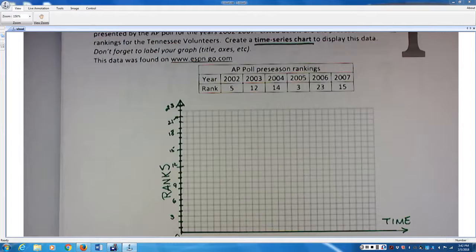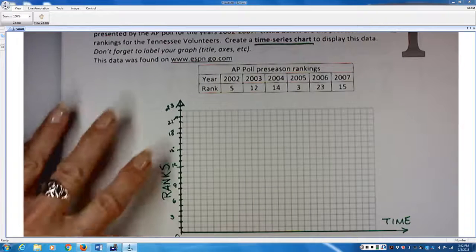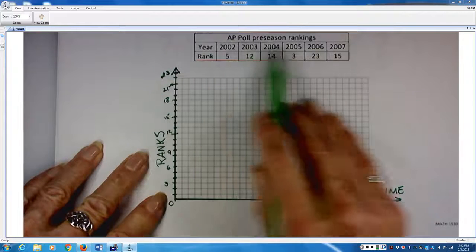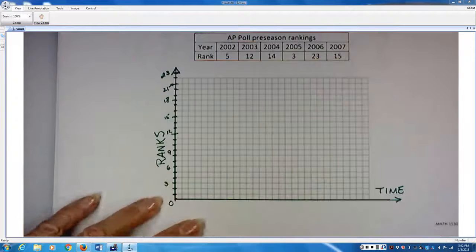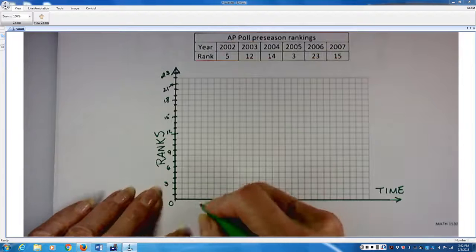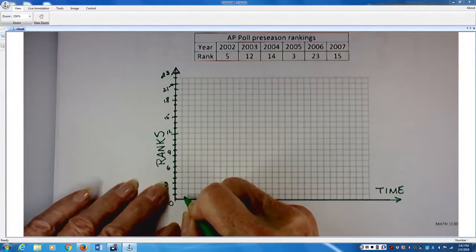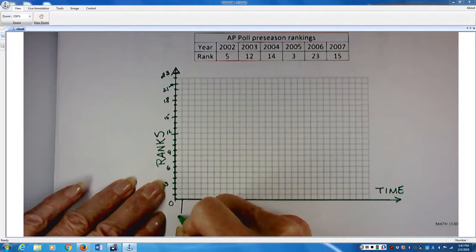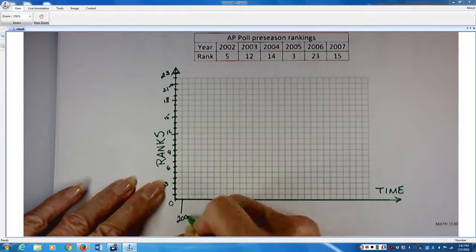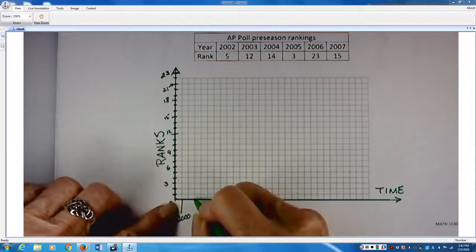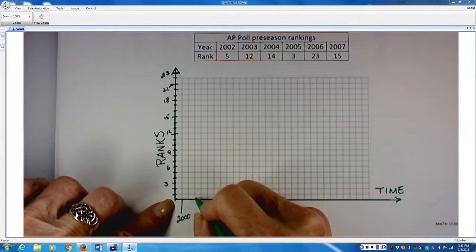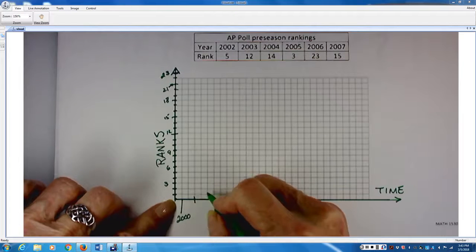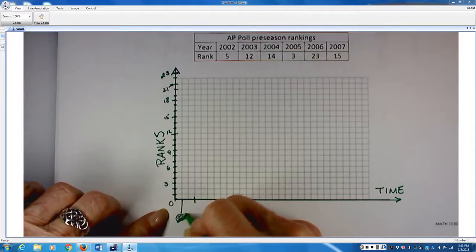Okay? Now what I do here is I look at how many years I've got, and I'm going from 2002 to 2007, so I need 5 years. So it's okay if I say that this is 2000. And here's 2002. Now, I don't want to make them quite that close, so I'm just going to leave that off.